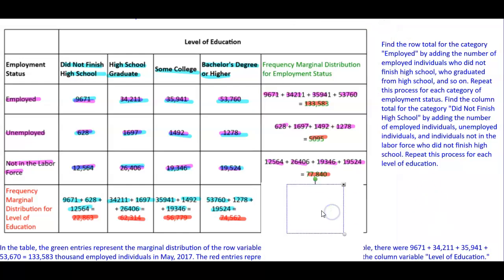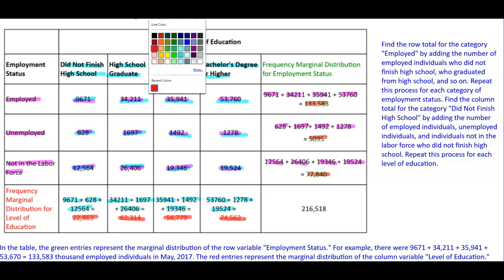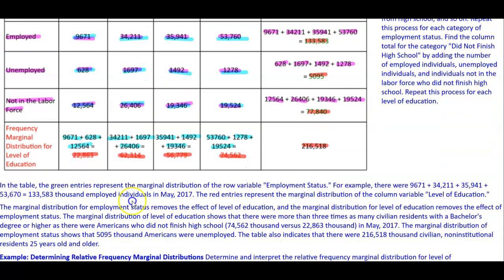So that means that when we add the total for both of them, we would get 216,518. So again, in the table, we can see that the green entries represented the marginal distribution of the row variables, the employment status, and again, we added all the values in the first row to get a total.